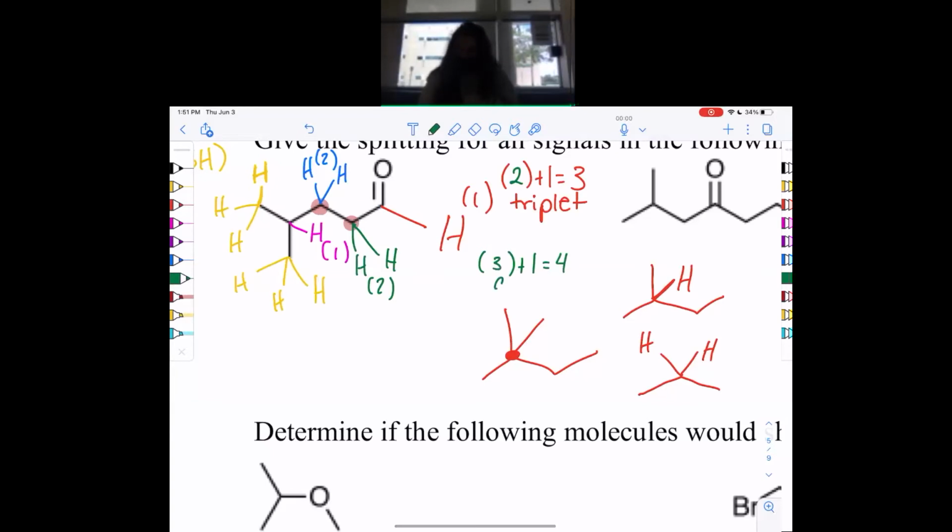So we have a quartet. What about blue? How many neighbors does the blue signal have? 3, because we have 2 green ones and 1 pink one. So this is another quartet.